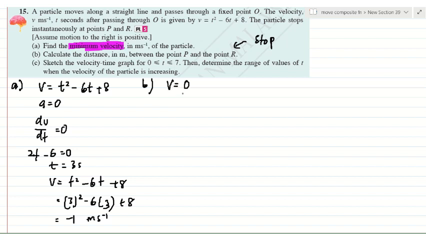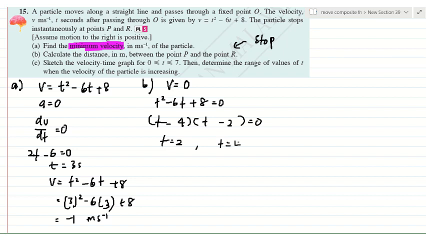Velocity equal to 0, so t square minus 6t plus 8 equal to 0. Factorize, then t equal to 2 and t equal to 4. The particle stops at the moment t equal to 2 seconds and 4 seconds.